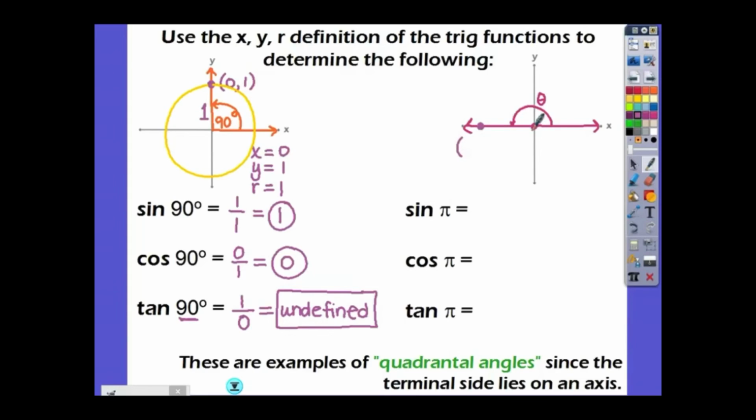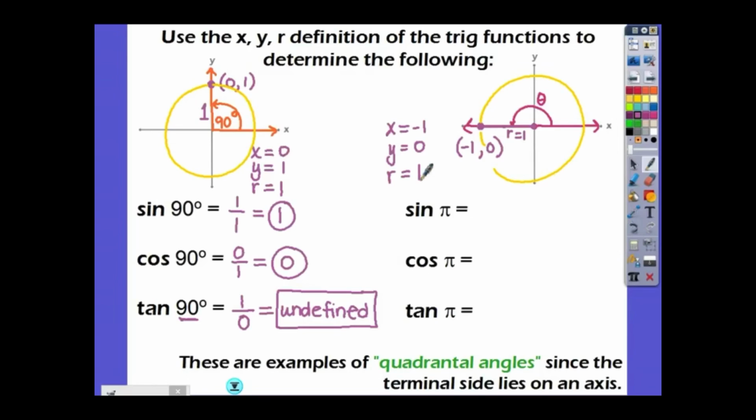So this one's going to be negative something, 0. You can pick any something you want. I'm going to pick negative 1. I always do. And if you picture that circle, again, it's just a 1 unit circle, right? The radius, from the center to that point, is just 1.